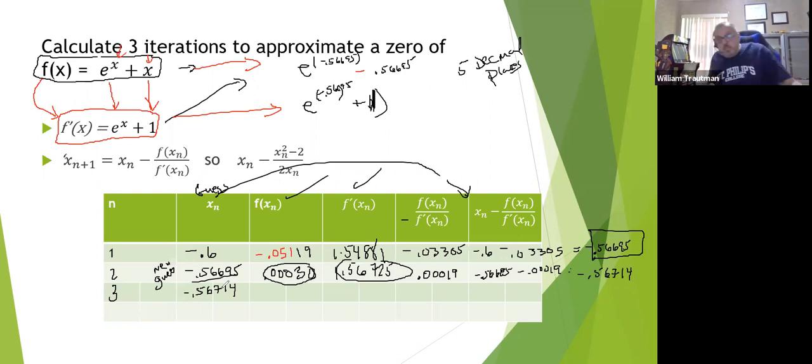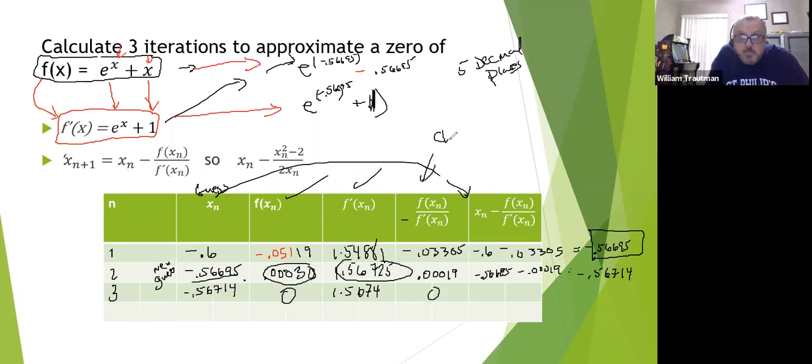And I want to show you, when I plug this back into here and into there, I actually get 0. When I plug this one in, I get 1.5674. When I divide the two, by the way, you get 0. Do you see? This is the amount of change.